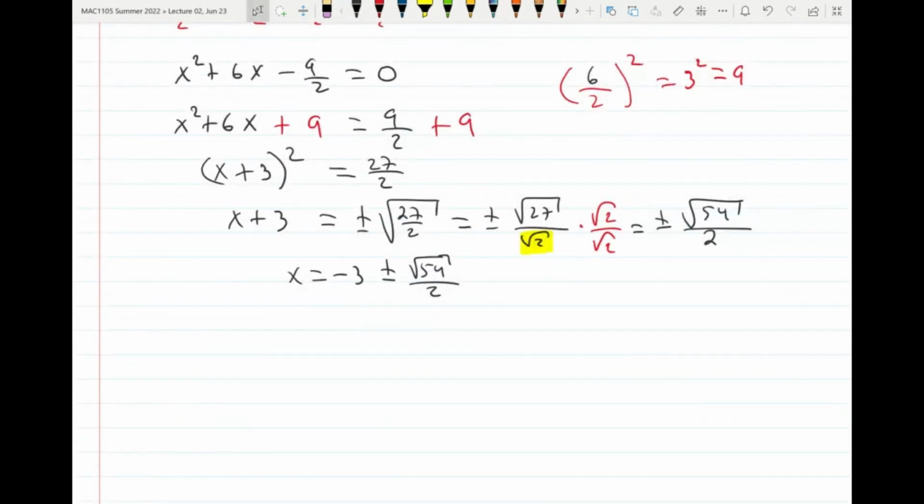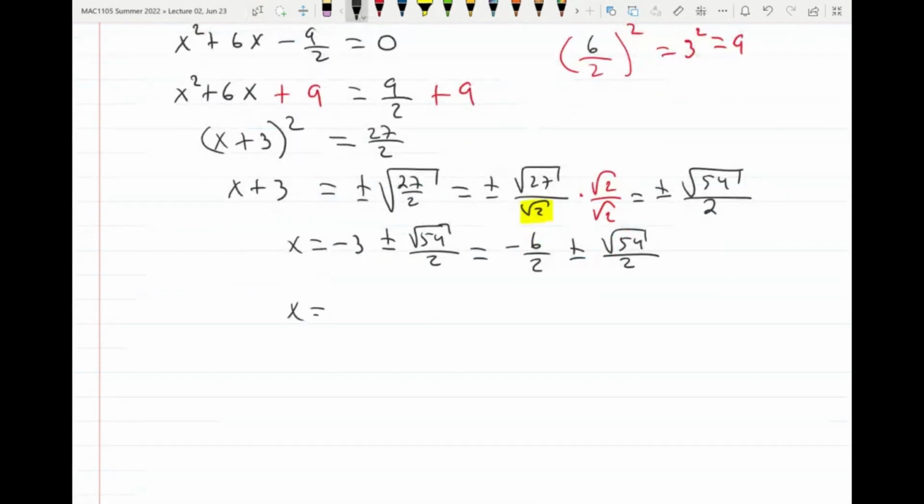And then, don't leave it like this because here you're giving me the answer as a sum or difference of two numbers. So combine, okay? We can combine this a little bit more. Negative 3, we can write it as negative 6 over 2. And so we obtain negative 6 plus or minus square root of 50. Oh, wait. Sure, you're right.